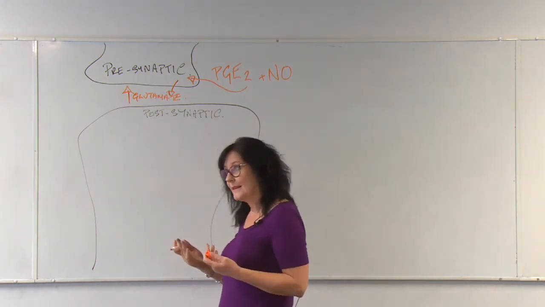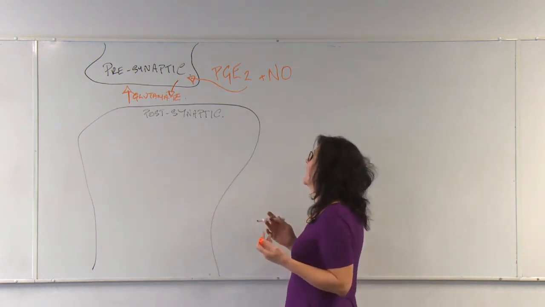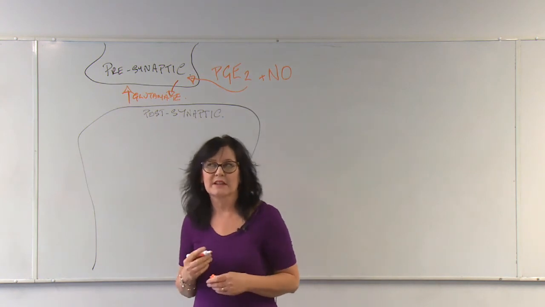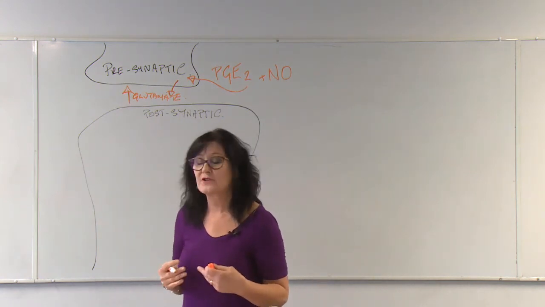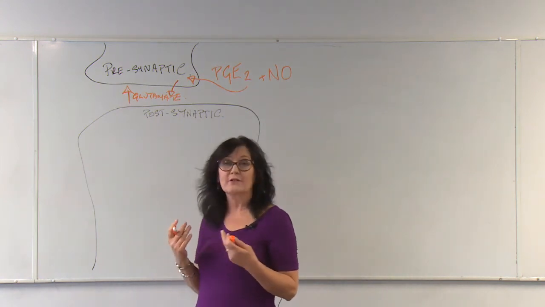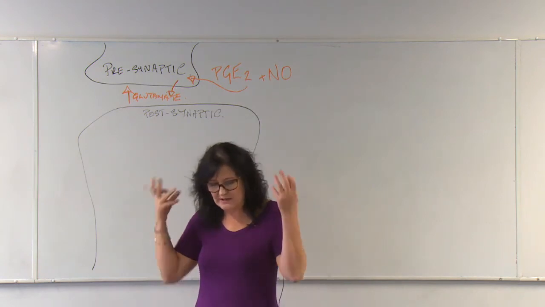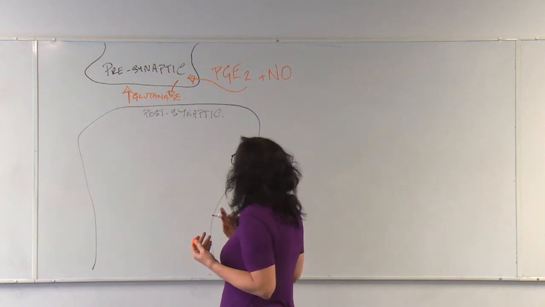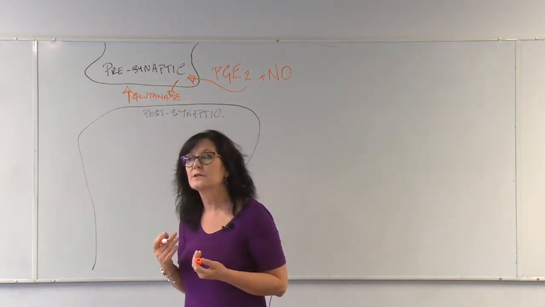The question is, where do they come from? And that's still subject to controversy. There's talk of it coming from the astrocytes, there's talk of it coming from microglia. Remember microglia, the brain's macrophages. And there's also talk of it coming from the neurons themselves.